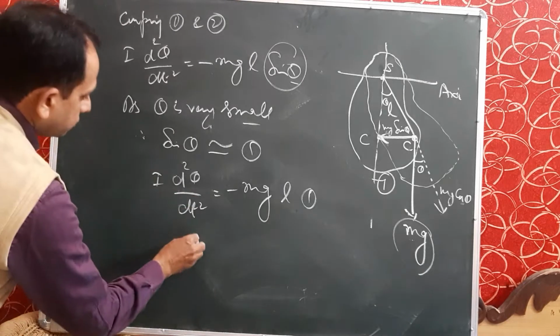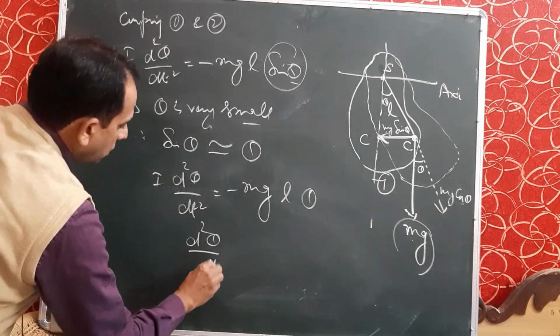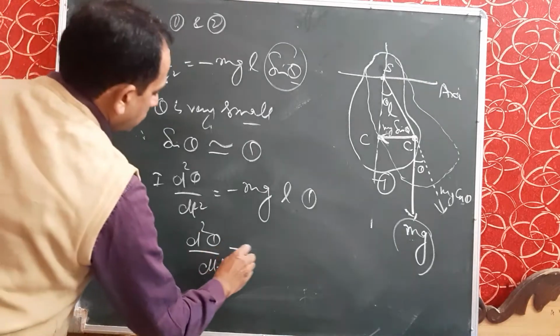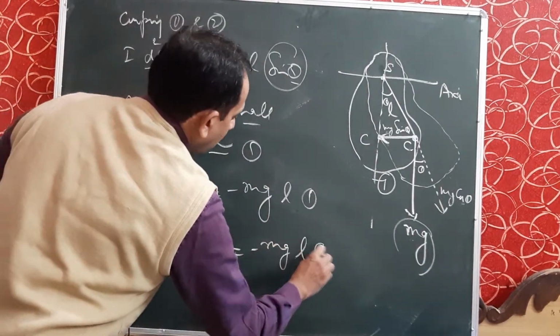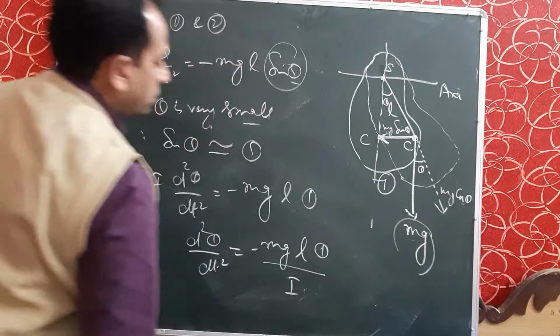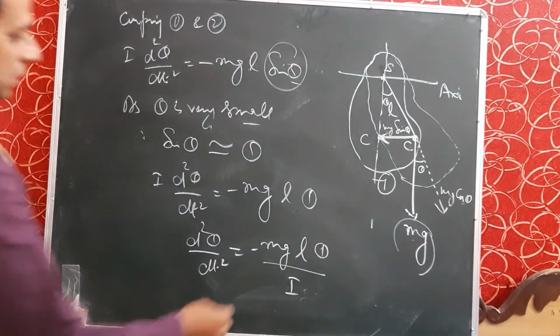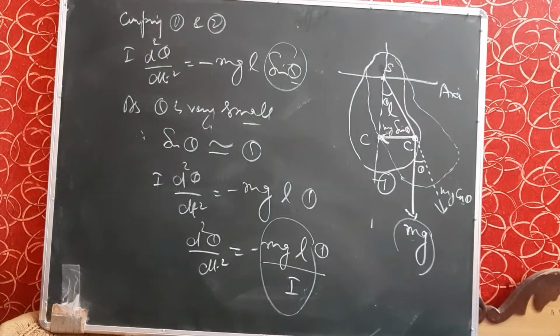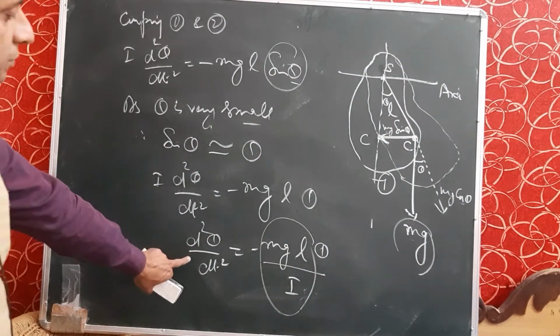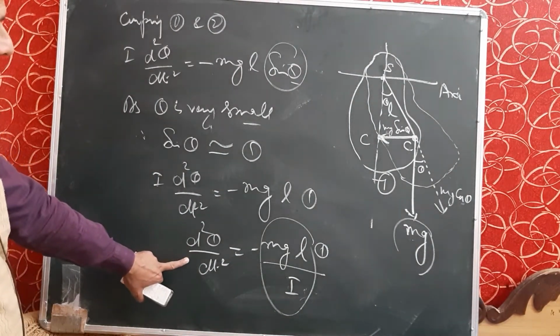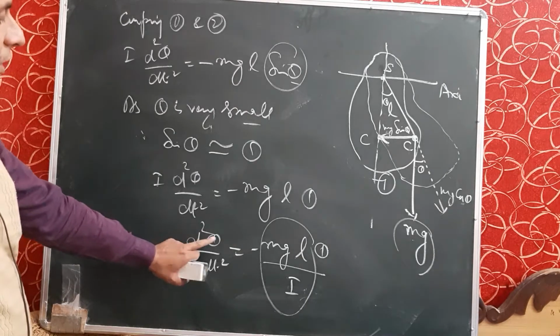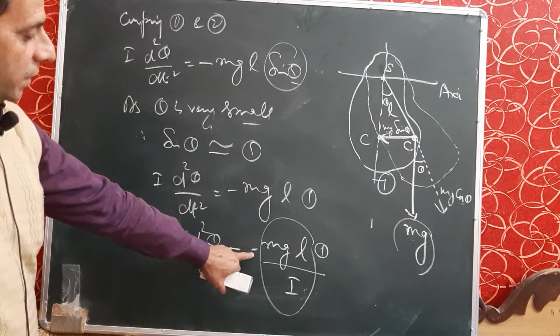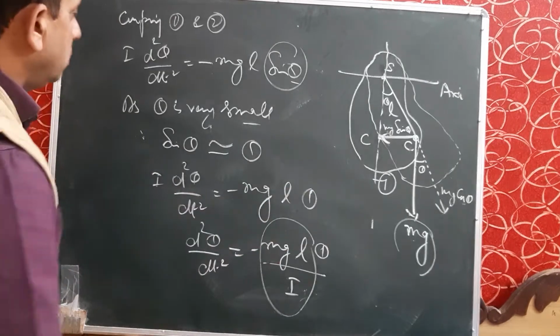Now we can find d²θ/dt² is equal to minus mgLθ over I. Now put all the constants as ω², because you know that this is the standard SHM equation: the second derivative of θ, that is angular acceleration, is equal to minus ω² into θ.